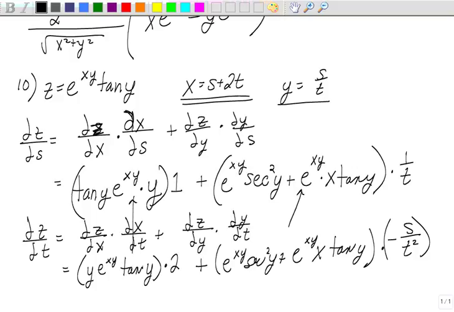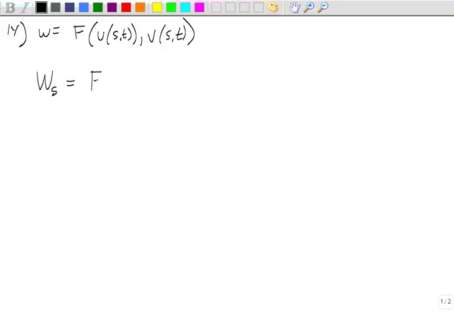Okay, let's look at 14. W is a function of s and t, and f is a function of u and v. So the partial of w with respect to s is the partial of f with respect to u times u with respect to s plus f with respect to v and the partial of v with respect to s.